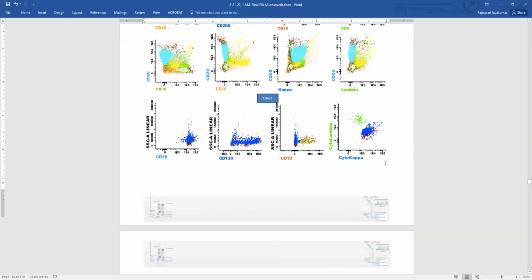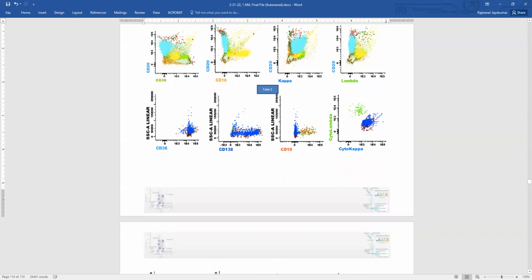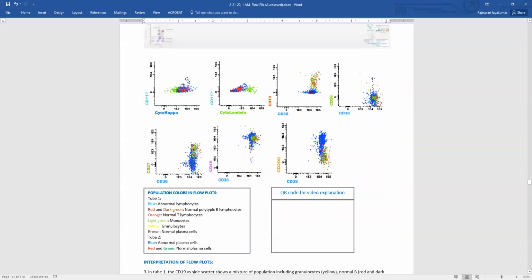So here we see side scatter versus CD38. They just gated the CD38 positive cells, and they saw that those cells have variable expression of CD138 also, and those are the cells that are negative for CD19. Here we see the polyclonal CD19 positive cells in the background, and they are kappa restricted, and they don't express CD117.